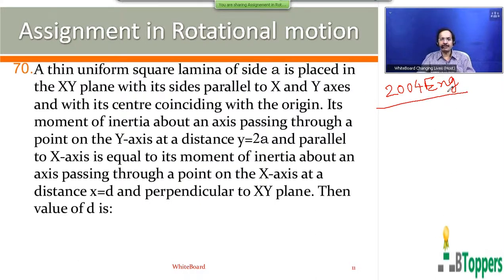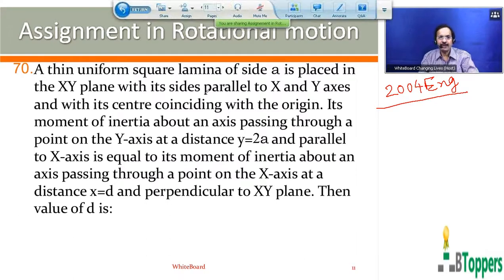A similar question is also repeated in the medical entrance with a circular disc, twice, in 2005 medical and also 2006 medical, where you are given a similar problem with a circular disc. Okay, I am going to read out the question number 70 now. Look at the question number 70.